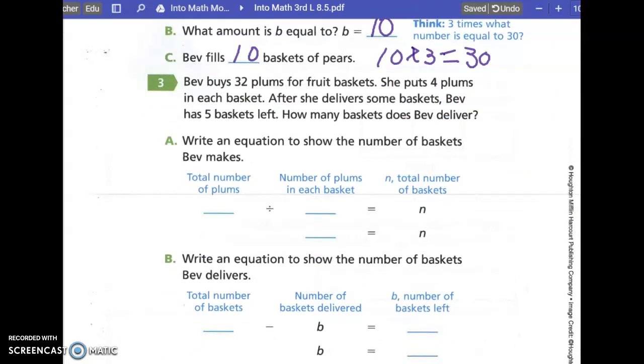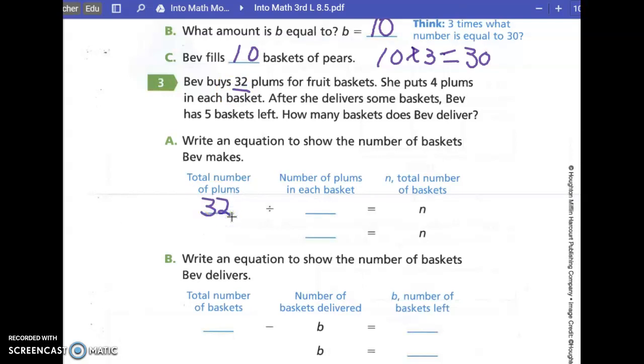Okay? Number 3, Bev buys 32 plums for fruit baskets. She puts 4 plums in each basket. After she delivers some baskets, Bev has 5 baskets left. How many baskets does Bev deliver? How many steps is this? 2. How many plums does she have altogether? 32 plums.